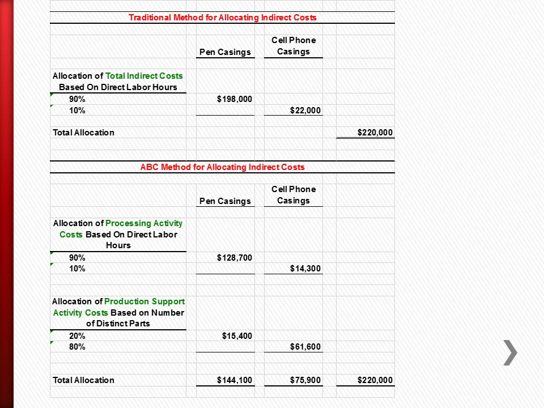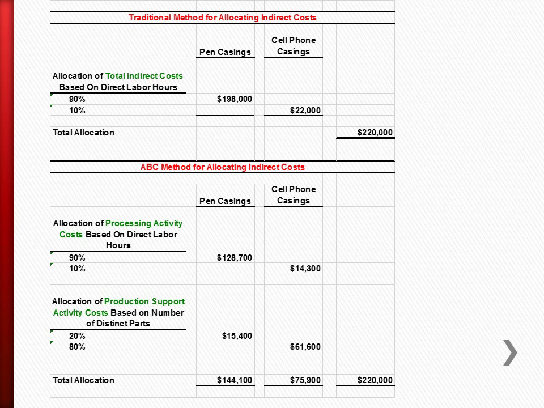Looking at cell phone casings, the total allocation of indirect costs is 75,900 compared to, under the traditional method, a much lower number, 22,000. So we would say, yes, the traditional method had undercosted cell phone casings, and in fact, the true consumption of resources is much higher. Cell phone casings under ABC had an allocation of 75,900.